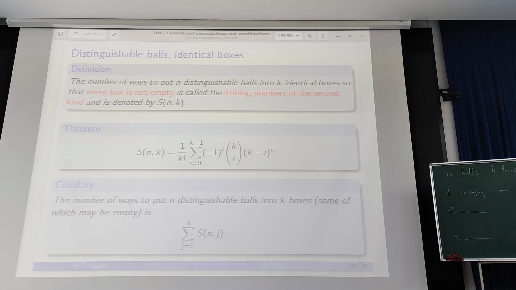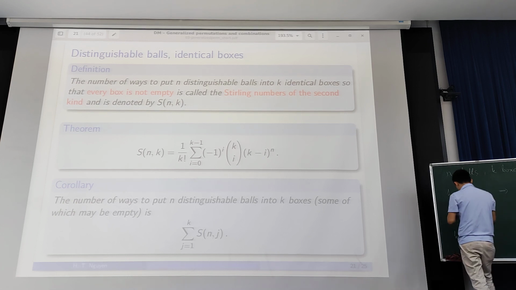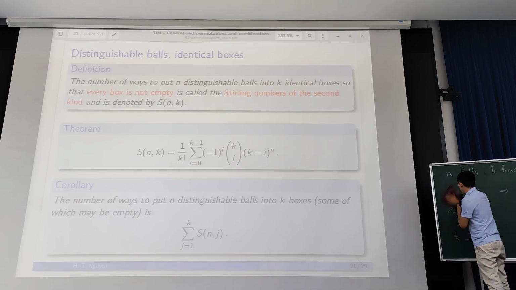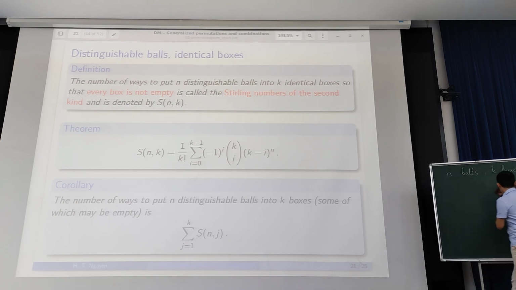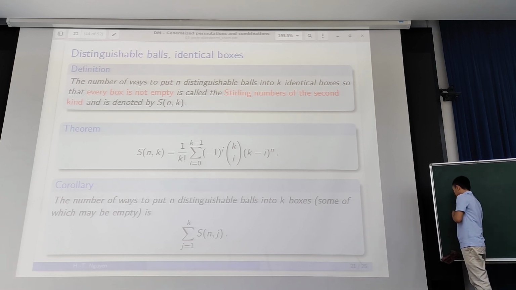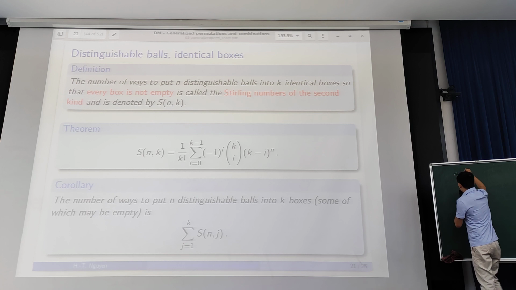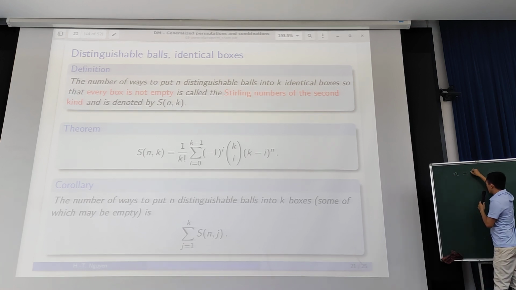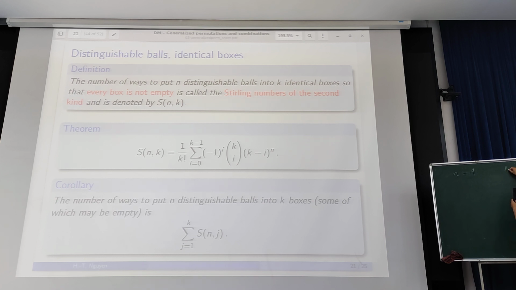So what is N and what is K? N here is how many people are there? 4. K is 3.